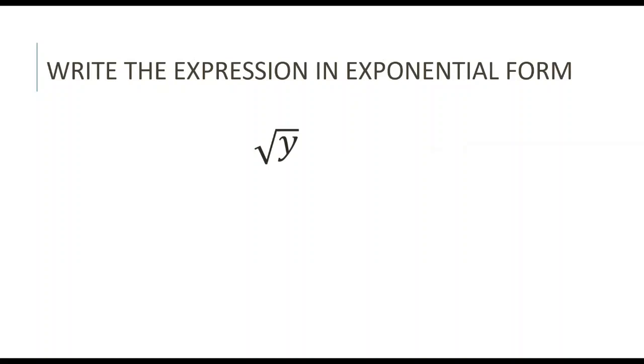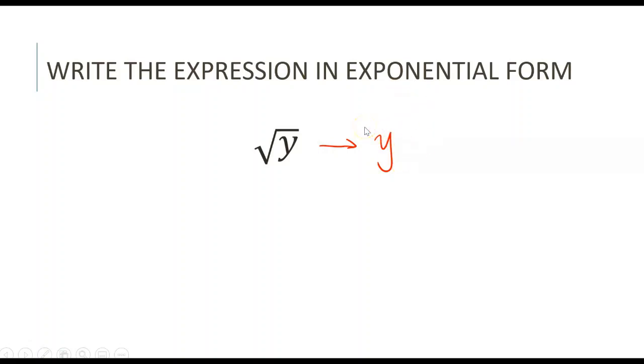Instead of going from exponential to radical form, we are going from radical form to exponential form, and it has the same rules. So we are going to keep our radicand and write that as our base. But what would our rational exponent be?